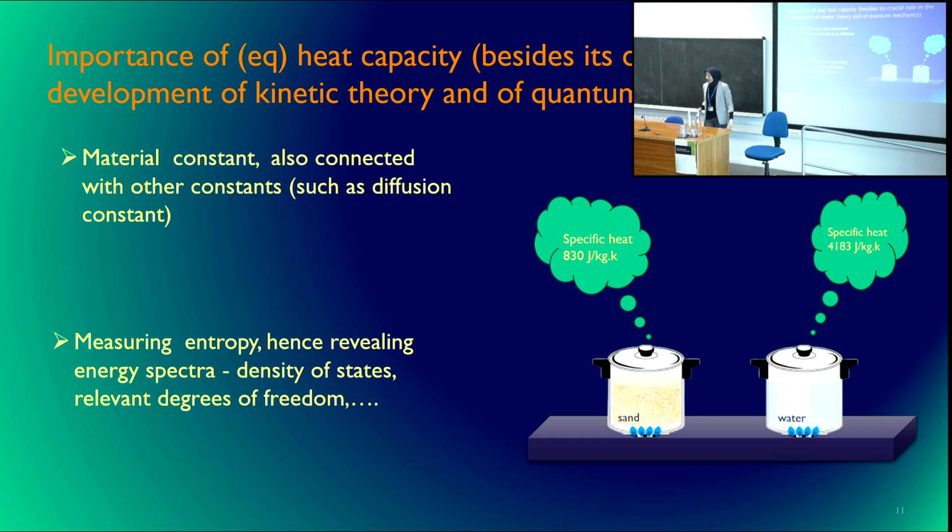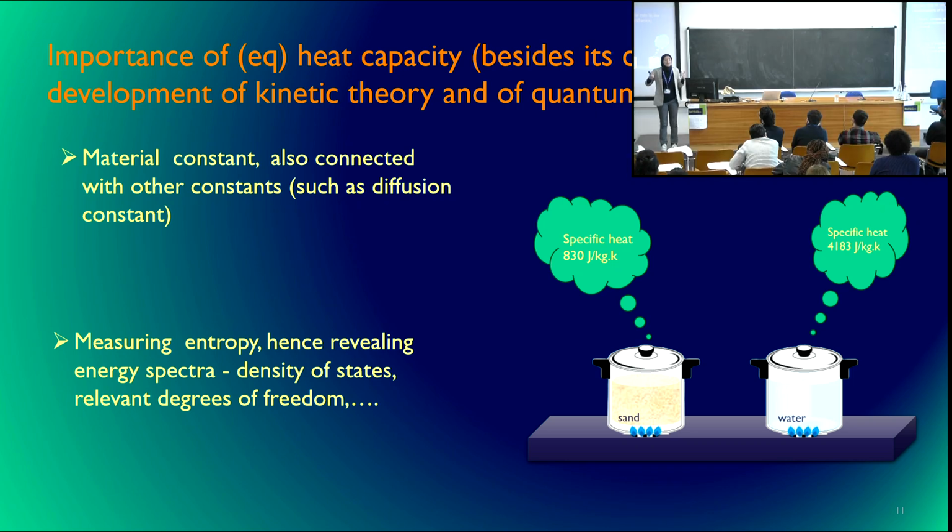Okay, but why? Heat capacity can give you information related to entropy, but it's not trivial. You see, we get used to it. We say, okay, heat capacity, we heard a lot. But just think deeply. Each material has its own heat capacity. It can identify the material. It's the characteristic property of a material.